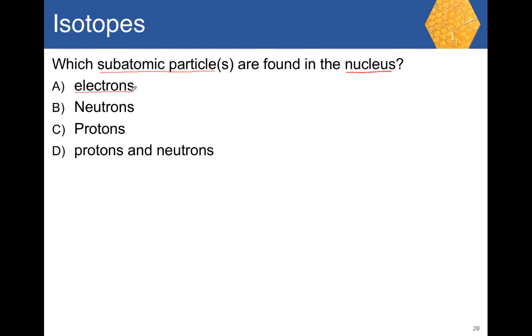Is it electrons? We have defined already that the electrons are outside of the nucleus, so that may not be a choice. Neutrons, possible. Protons, yeah, possible. But here's another choice that's interesting: neutrons and protons.